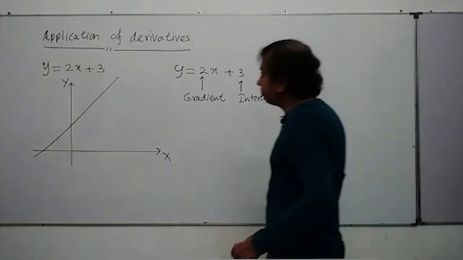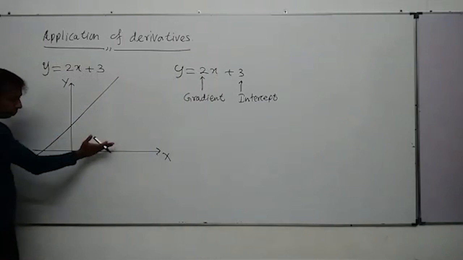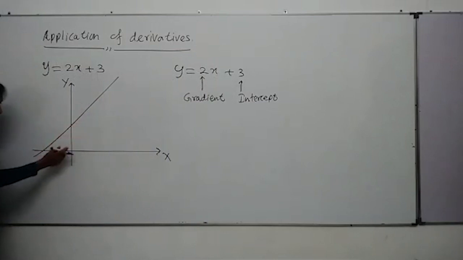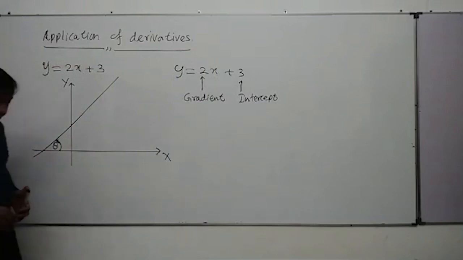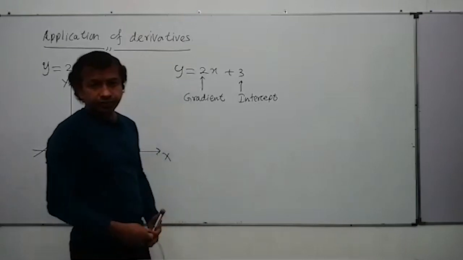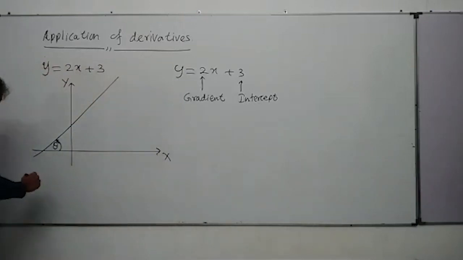Now see here, the line makes an angle with the positive x-axis in the anticlockwise sense. This is the positive x-axis, and here is this angle.